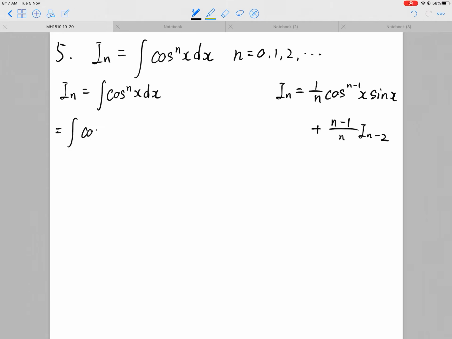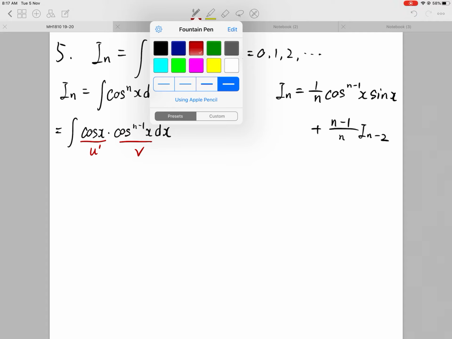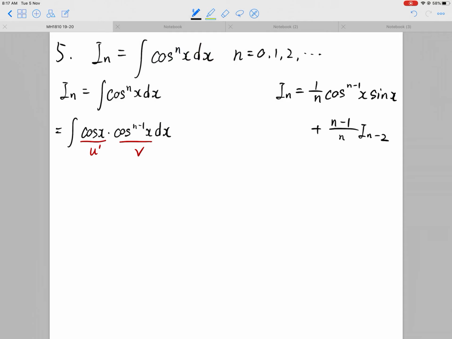Like this: cosine x times cosine x to the power of n minus 1. This part is your u derivative, this part is your v. Let's do it.